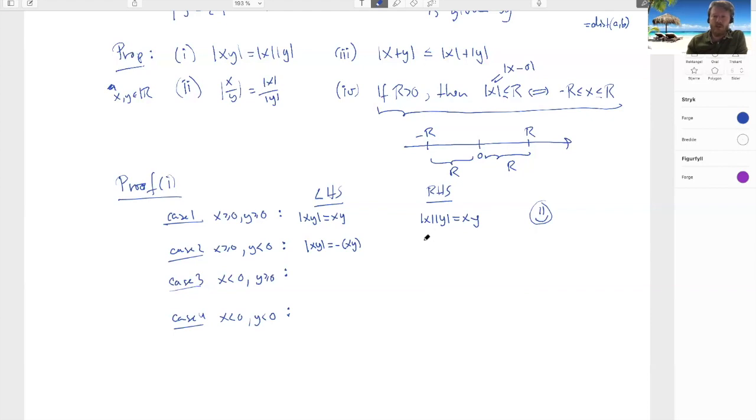Well, if x was positive, then the absolute value of x is just x, and if y is negative, I'm getting a minus sign here from the y. And together, I'm getting minus x times y, which is the same as the left-hand side. And again, I'm happy. And you can do the same thing here and the same thing here, and note that the left-hand side is equal to the right-hand side in each case. And this ends the proof, and we are done.